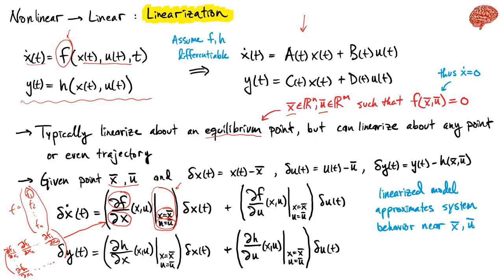We do that for all of these different matrices, and this is really the same idea as taking a tangent plane, but we're doing that in these higher dimensional vector valued functions f and h. That's a way of mapping from nonlinear to linear. Again, we won't use this explicitly in this course, but a number of our models come out of this process that allow us to use our linear techniques.